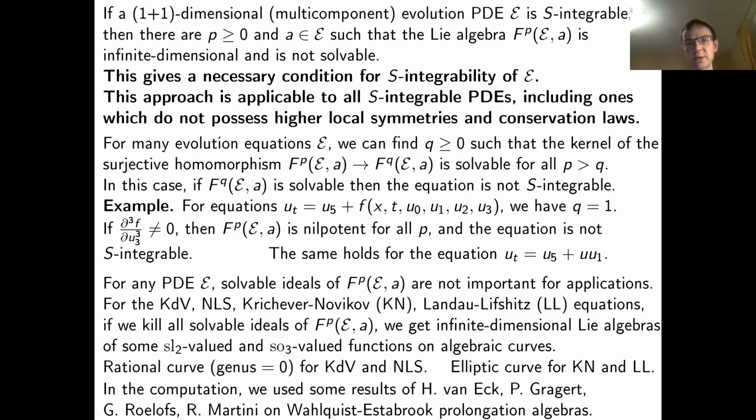Again, this is not surprising because those equations possess zero curvature representations with parameters lying on those curves. But here we get again a geometric, coordinate independent meaning of the curves.